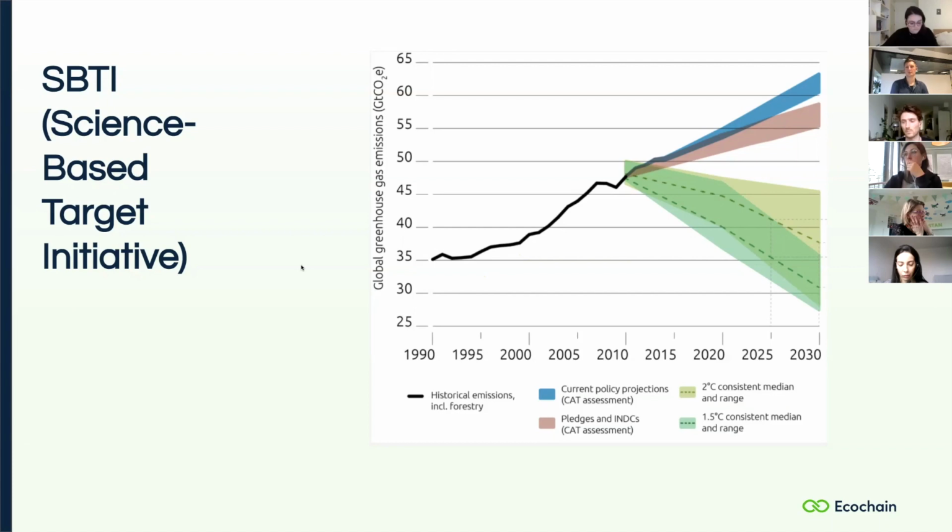Those predictions are also translated to sectors, and science-based targets will typically help you set a target to help your company operate within the 2 degree climate change scenario or the 1.5 degree climate change scenario. So it will also help you, for instance, if you're a CFO or a CEO, to make this claim to the market: I operate within the boundaries of the planet.